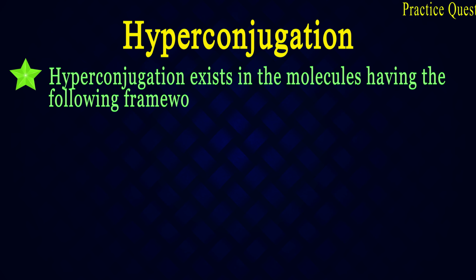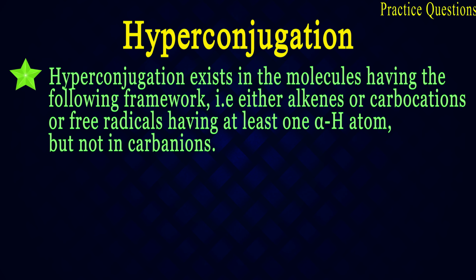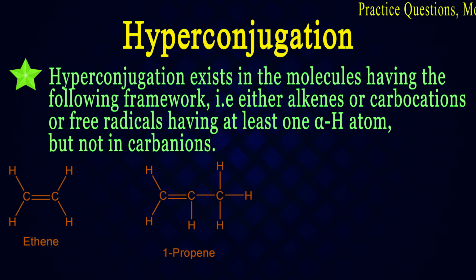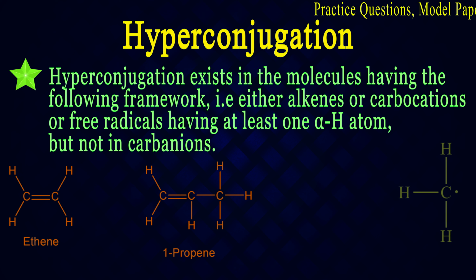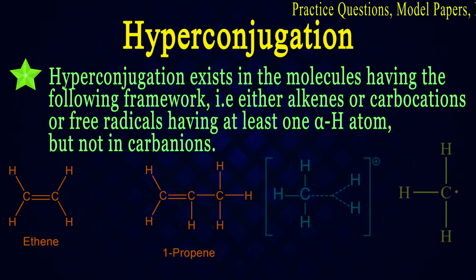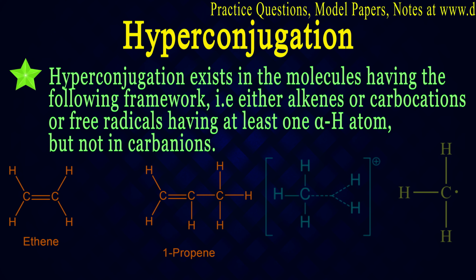The requirements for hyperconjugation are as follows. Molecules which are alkenes, carbocations or free radicals must have at least one alpha hydrogen atom. This condition is not for carbanions.